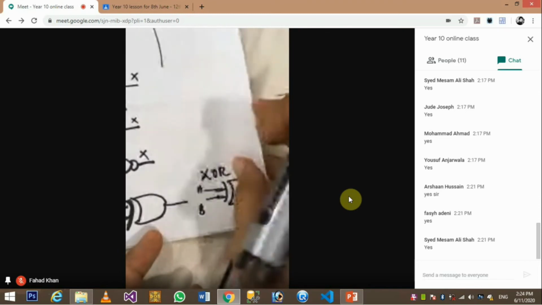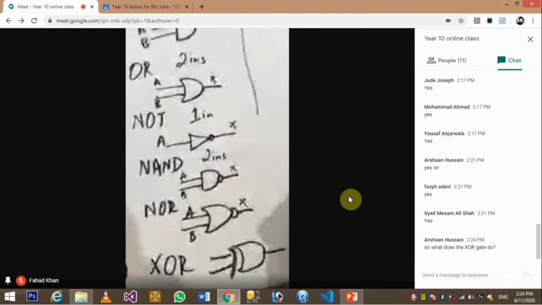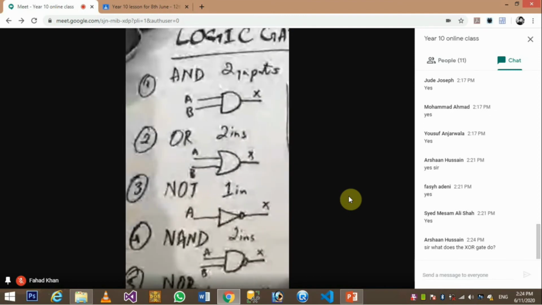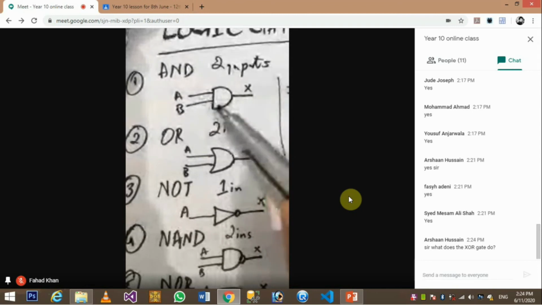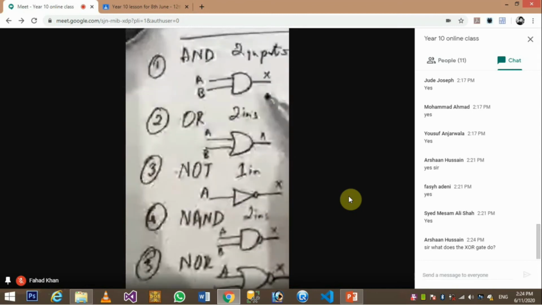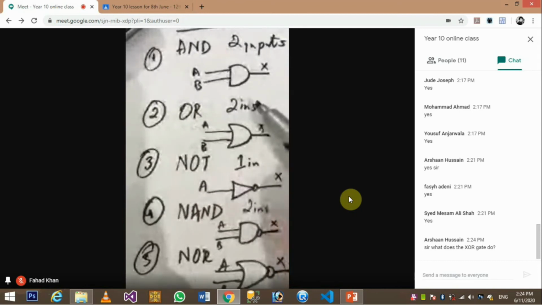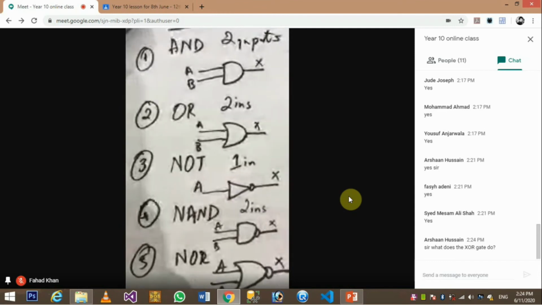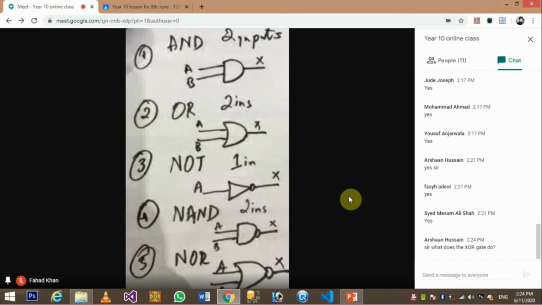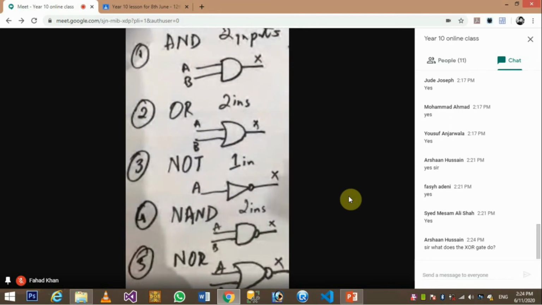Alright, just recalling all these from the top. AND gate, which has two inputs, and the representation, as you can see, is the D shape. Moving on, OR gate, two inputs, that's a bit curvy, more like half of an ellipse.